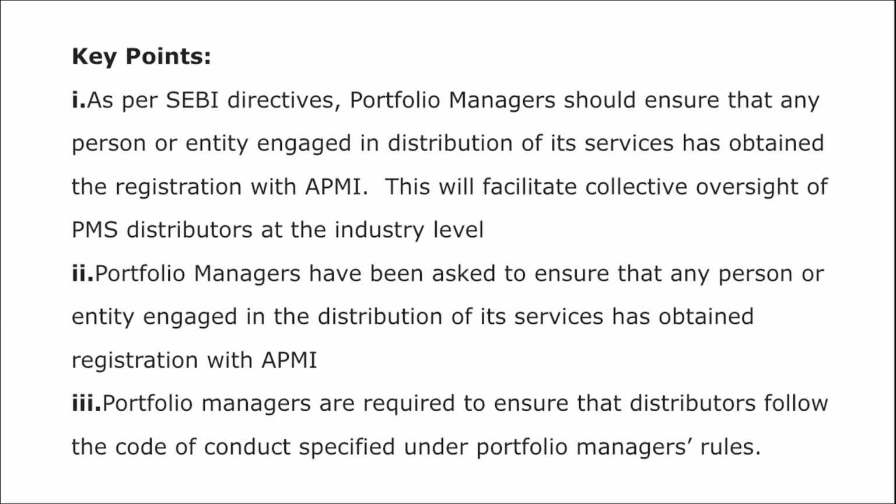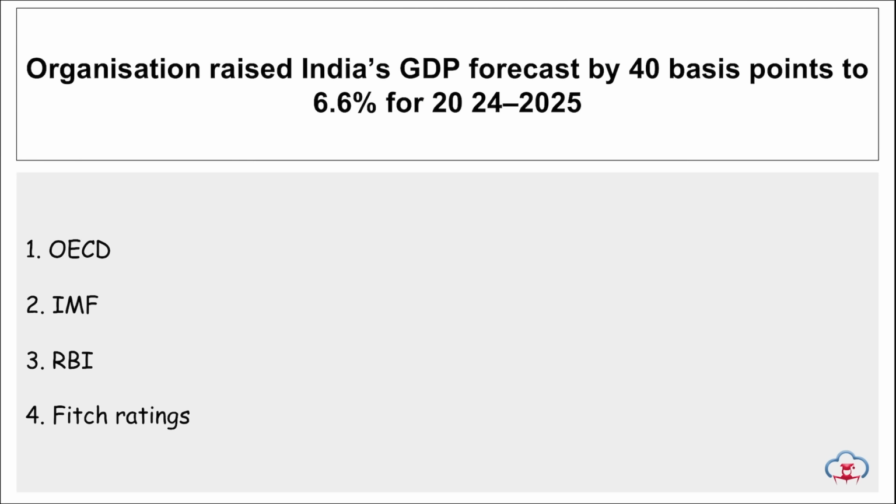Moving on. Next news is from the topic economy and business. Next is, which organization has raised India's GDP forecast by 40 basis points to 6.6% for 2024-2025? It is OECD.